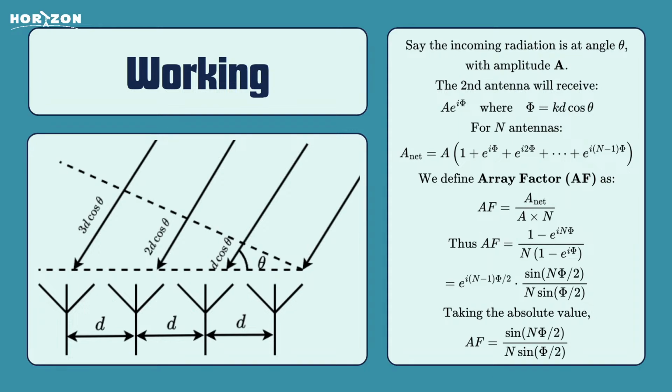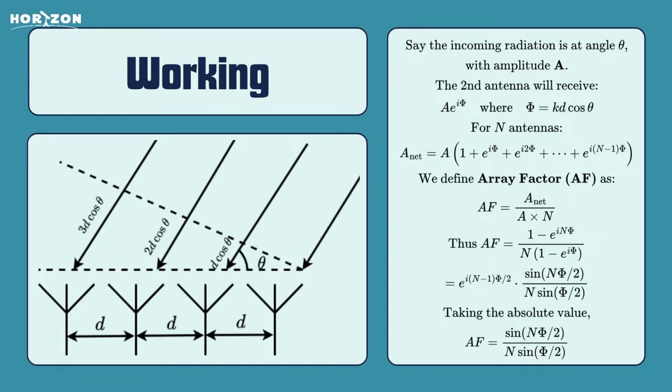That leaves us with e power minus iota n phi by 2 minus e power iota n phi by 2. Similarly, from the denominator we can take out e power iota phi by 2, which leaves us with e power minus iota phi by 2 minus e power iota phi by 2.